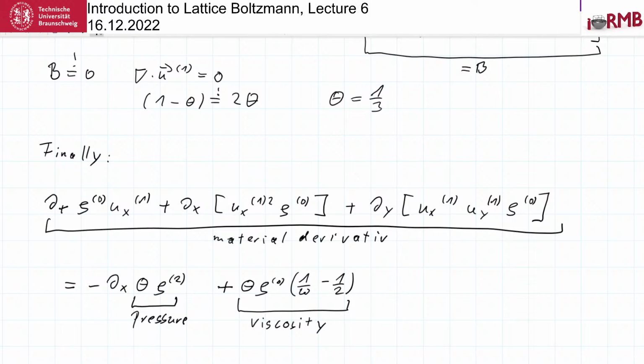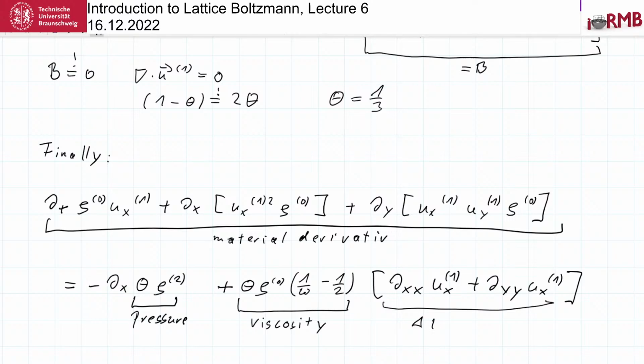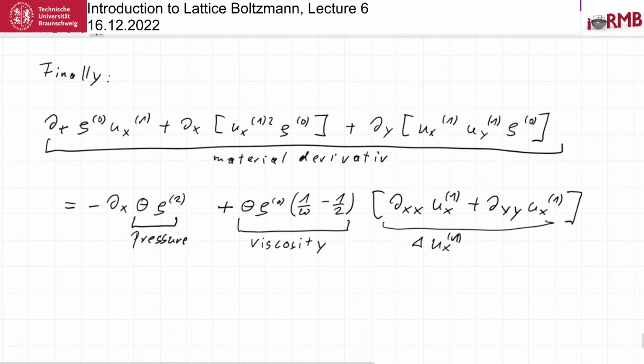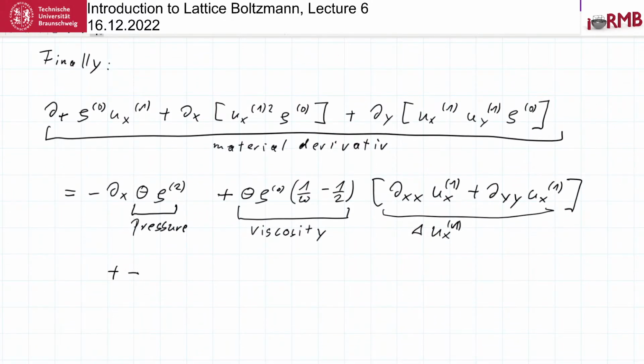This is the viscosity, and this goes into dxx ux1 plus dyy ux1. So this is of course Laplace ux of first order, obviously. And then there is the thing we've always carried on, this omega 1, 0.